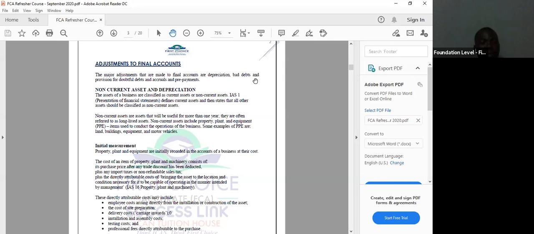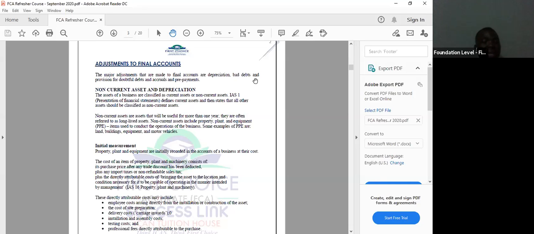Then we post them into the journal. After the journal, we post into the ledger. After the ledger, we post into the trial balance. Then after the trial balance, we adjust, and we now have the adjusted trial balance. Now, this adjustment to final accounts is the one that talks about the adjusted trial balance.